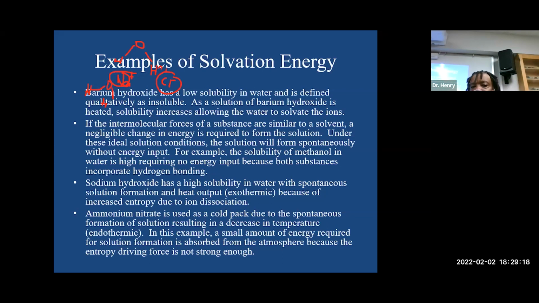And that's because of the increase of entropy due to the dissociation of the ions, okay? So if entropy is increasing, that means disorder is increasing. Initially it's ordered, and then we get to disorder by breaking those bonds or by dissociating the ions, right?